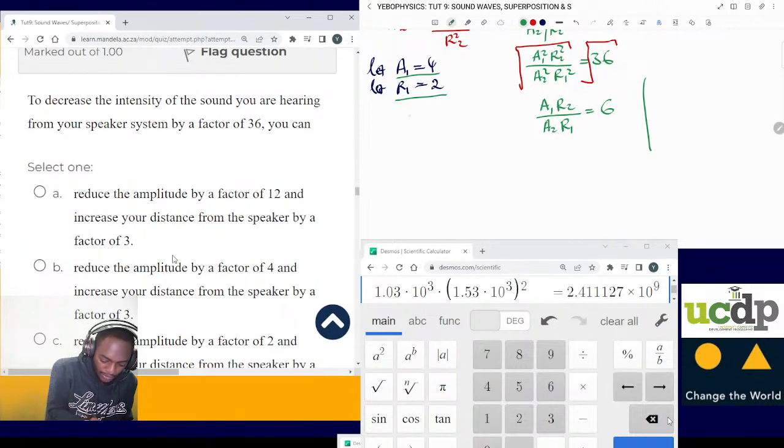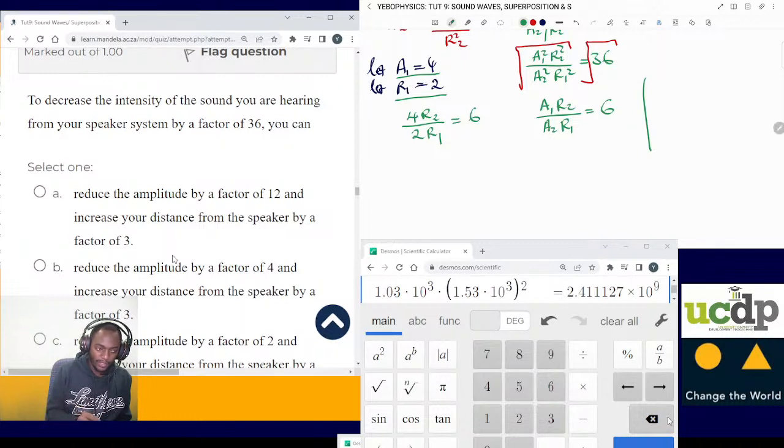So it becomes 4R2 over, what is A2? A2 we don't know, and R1 we said is 2, so it becomes 2A2, which is equal to 6.